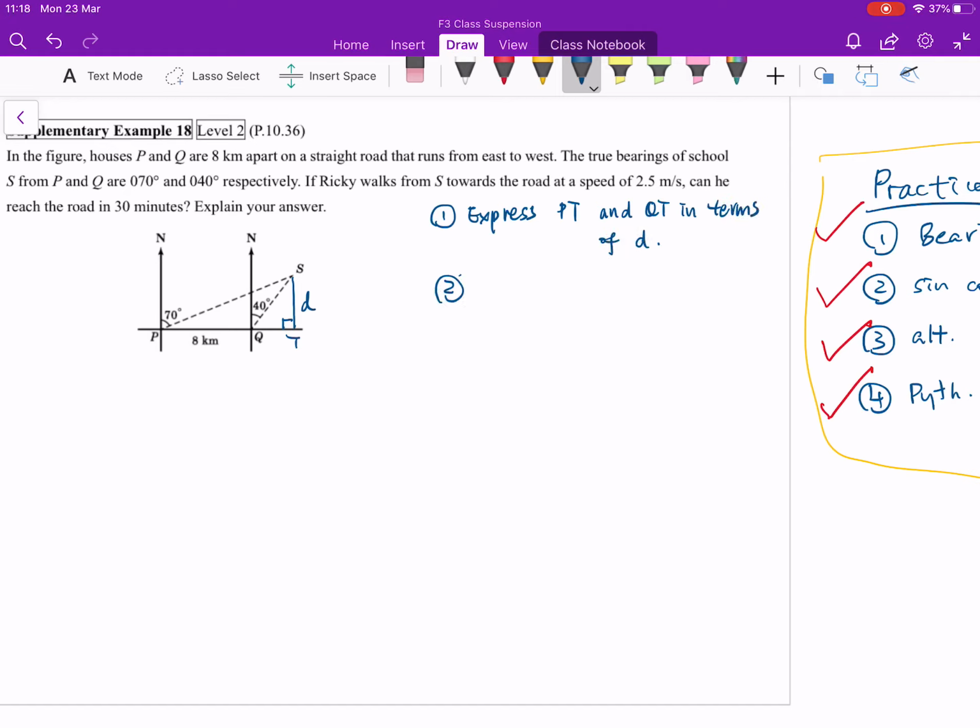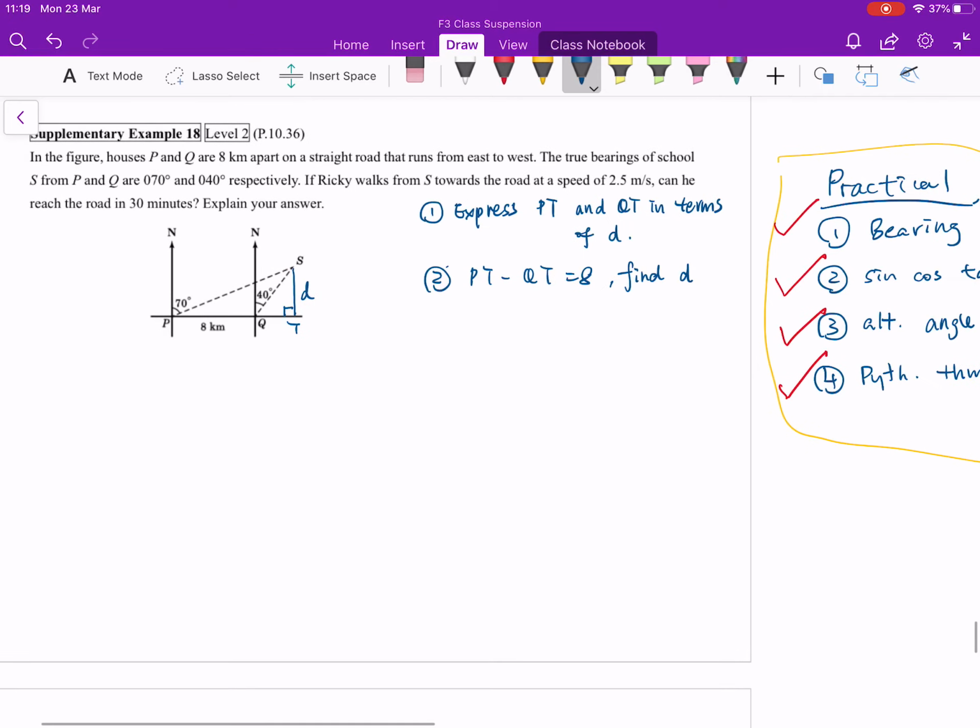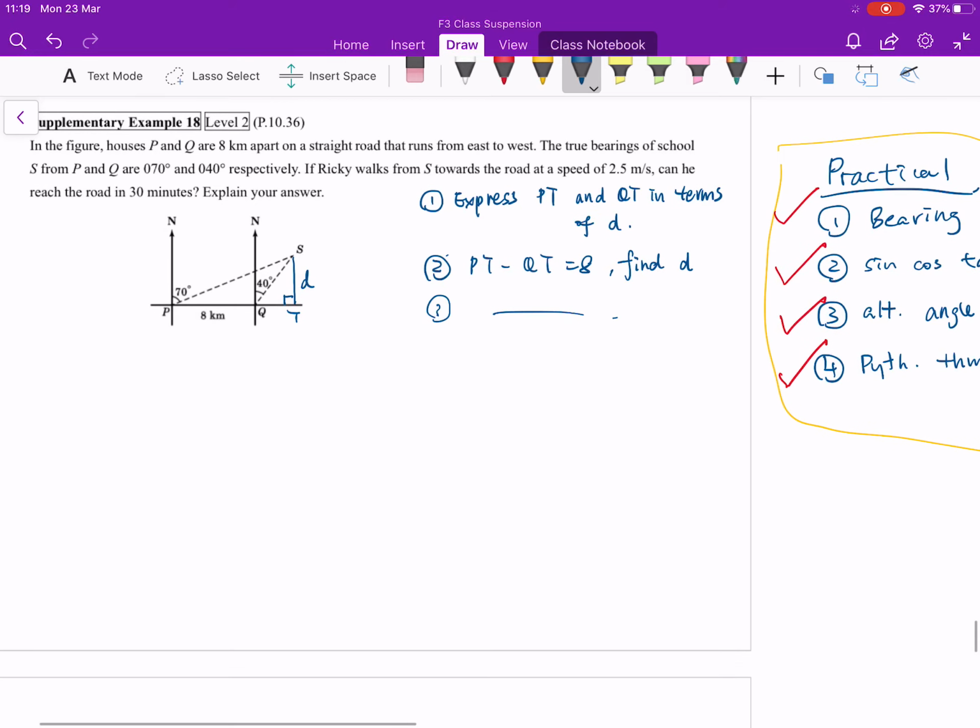And then the second one, you may use PT minus QT equals H to set up an equation for finding D. Okay, this is my path. But this time, as you need to determine something, you need to give me the final answer also. So never mind, find out the value of D first, important. The first one.